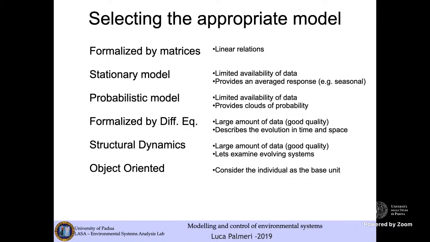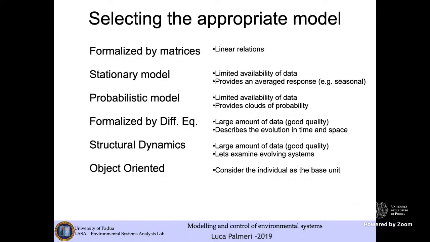In this case, you need a large amount of data, typically of good quality, but in this case, you may be able to describe the evolution of your system in time and space. So you are looking for time and space dependent outputs of your description.